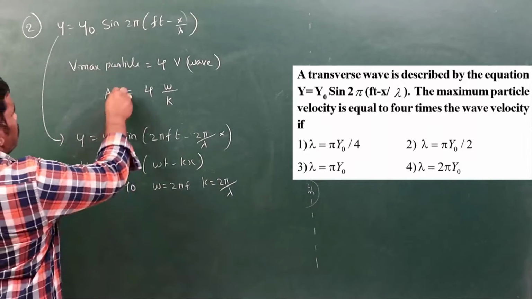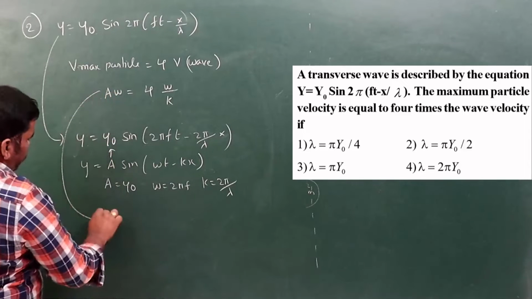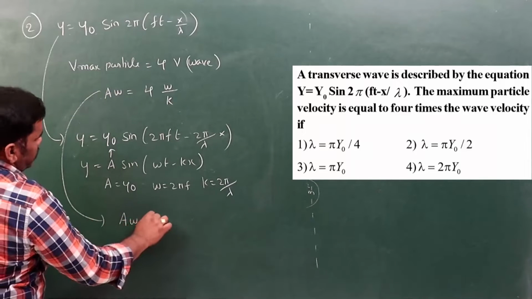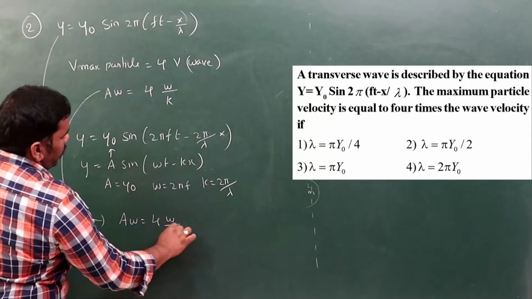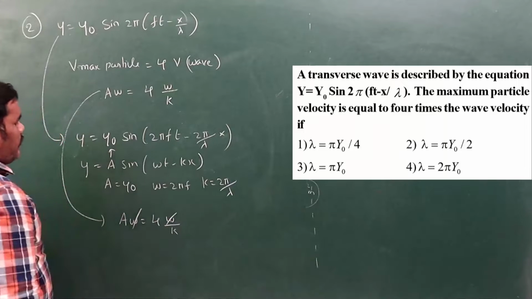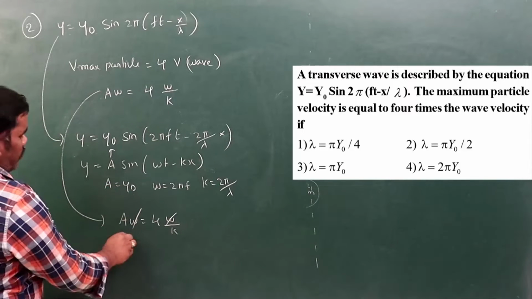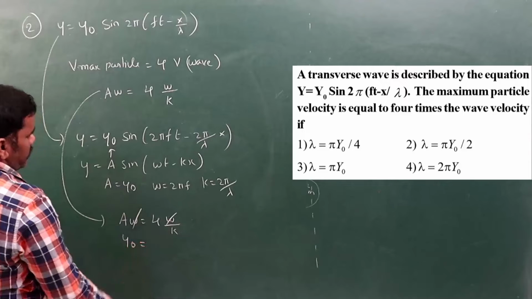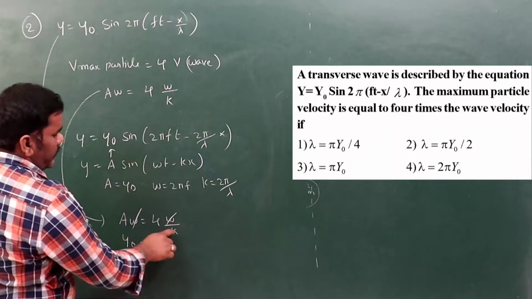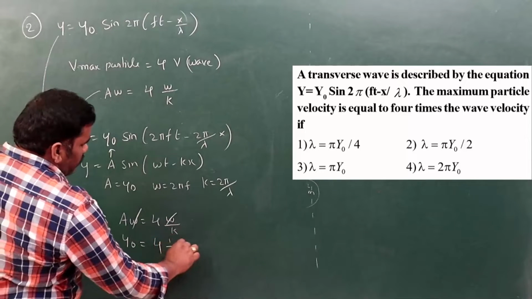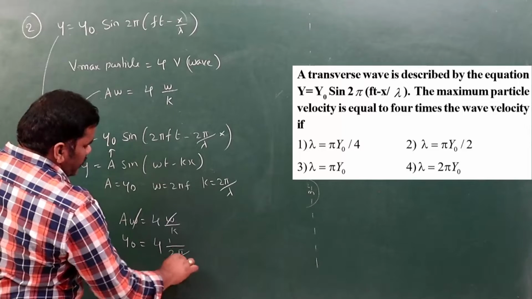Now substitute. So A omega is equal to 4 into omega by k. Omega gets cancelled. Here A is equal to y naught. 4 into 1 by k, which is 1 by 2 pi by lambda.